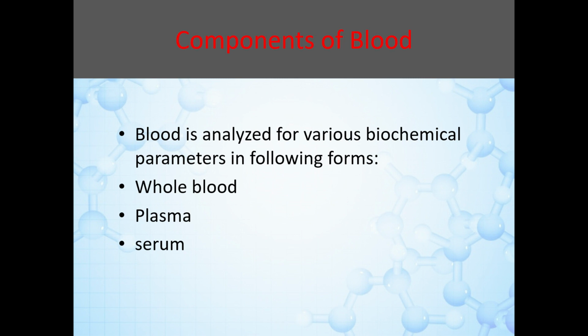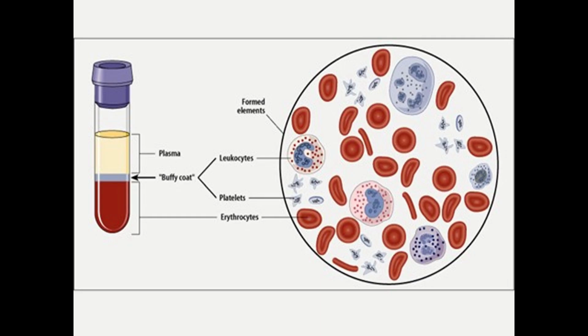So as you can see over here, we have kept the blood and the erythrocytes, the cellular component, have sedimented down, leaving plasma above. So the whole blood has plasma, red blood cells, erythrocytes, leukocytes, and platelets. Plasma is a fluid portion of blood with fibrinogen, while serum is the fluid portion without fibrinogen.